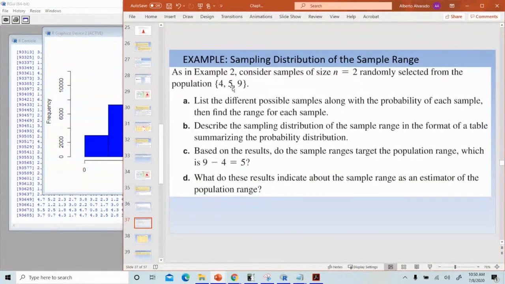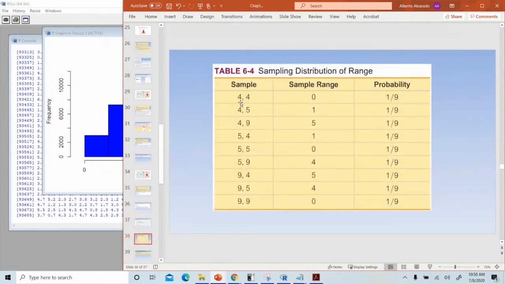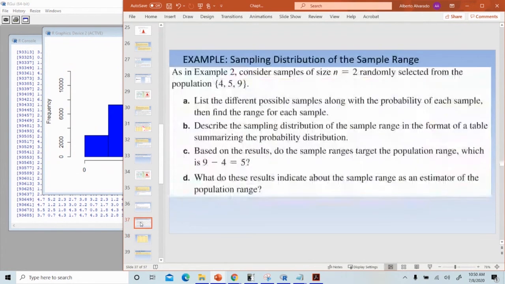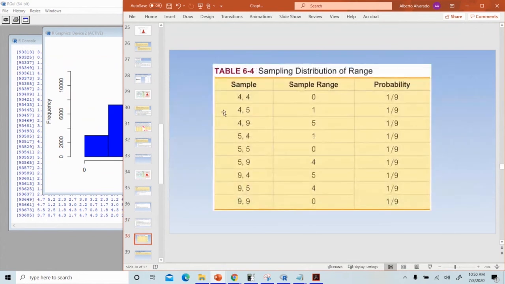Here, I think I'm going to skip this part. Well, it's all here. It's not that we'll skip it. We don't have to generate it. But okay, so 4, 5, and 9 again. You do samples of 2 one more time. Then you find the range of these. So 4 minus 4 is 0. 5 minus 4 is 1. 9 minus 4 is 5. And so forth. You get all these ranges and the probabilities of each of these.